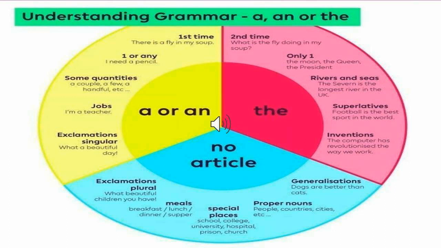In such cases, we are not supposed to use any article. For example, what beautiful children you have. Breakfast, lunch, dinner, supper, school, college, university, hospital, prison, church, people, countries, cities, etc. Dogs are better than cats. So with all these things, we are not supposed to use any article.